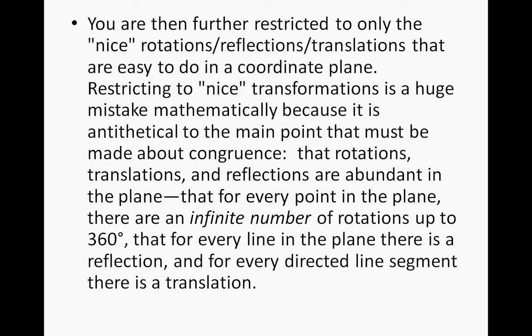For every point in the plane there is an infinite number of rotations up to 360 degrees. For every line in the plane there is a reflection, and for every directed line segment there is a translation. So a lot of this we're going to do on a coordinate plane, but keep in the back of your mind that coordinate planes restrict these types of transformations, and that there are definitely infinite ways of translating, reflecting, and rotating.